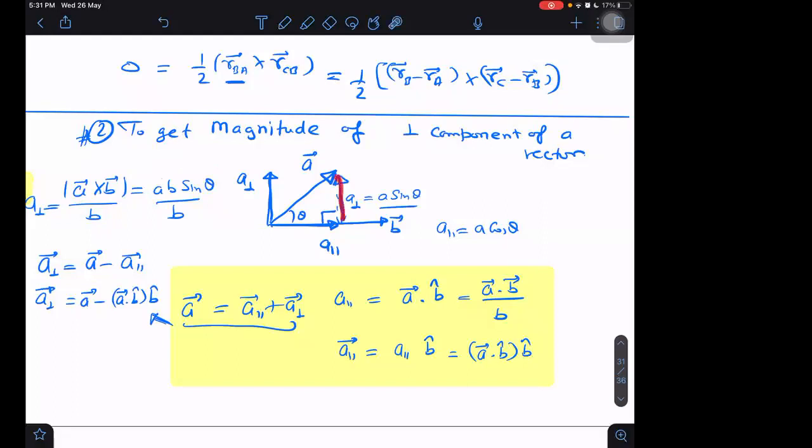It is in this direction. It is not in the direction of B cap. Okay, sir. Got your point? Got my point now? It is in this direction, not in this direction. If you multiply by B cap, then it will be pointing somewhere along this direction. But I want a vector which is pointing in this direction.